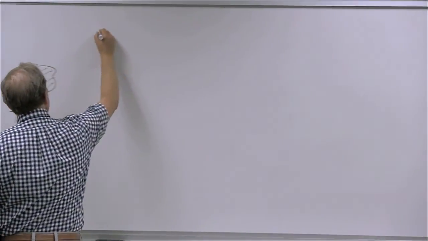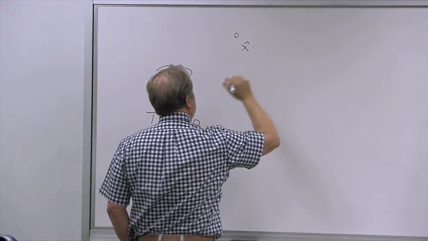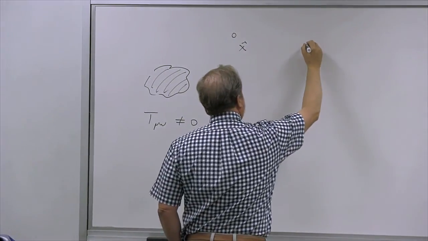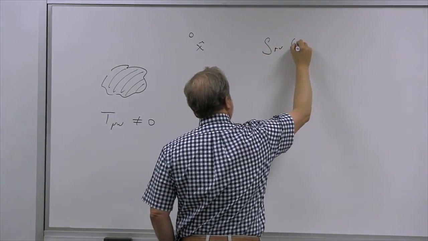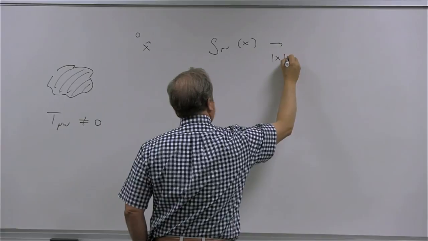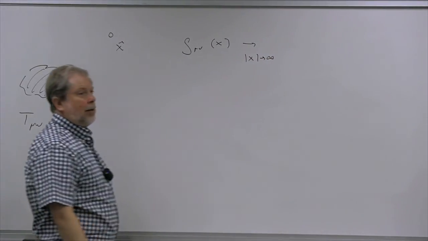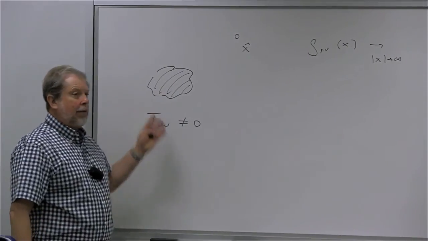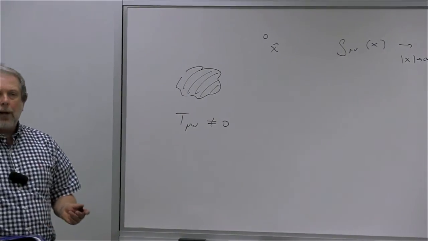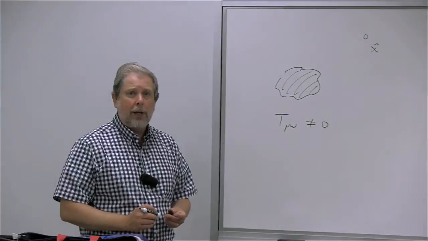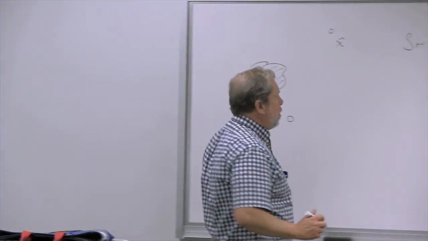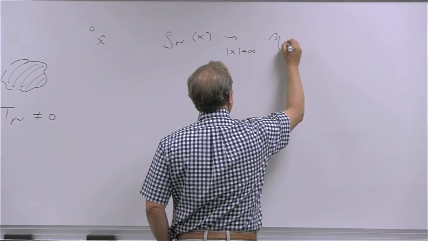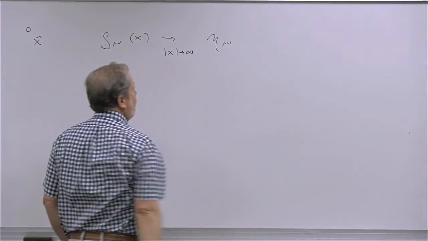So we are at some point here, which is called x, and we assume that the metric g_(mu nu)(x), as x goes to infinity, becomes flat. So we're basically thinking of a universe that's empty. There's nothing in it except for that mass distribution at some point. So g_(mu nu), as x goes to infinity, just turns into eta_(mu nu), which is a flat metric.